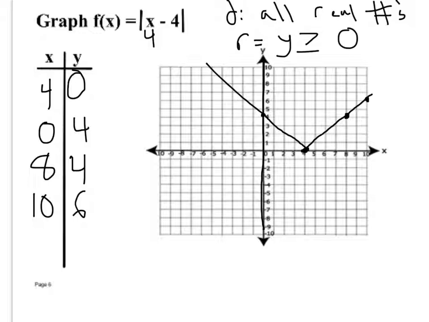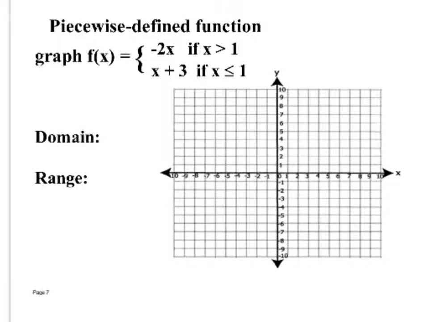Any questions on how to do absolute value? Draw this. This is what we call a piecewise defined function. So write all of this down. Also make a table of x and y. I look up here.